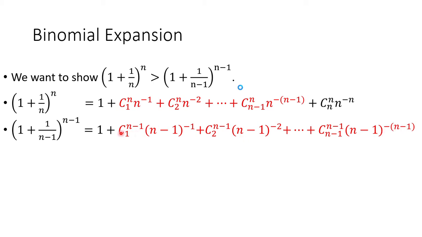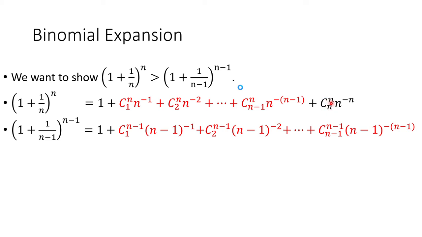So there are terms from 1, 2, all the way to n-1, so they are n-1 terms. But for 1 + 1/n, there are n terms here.